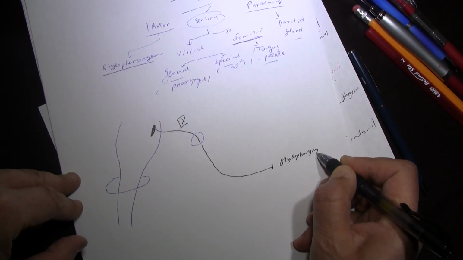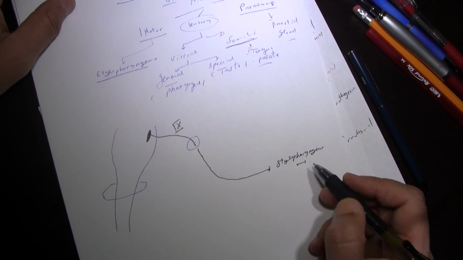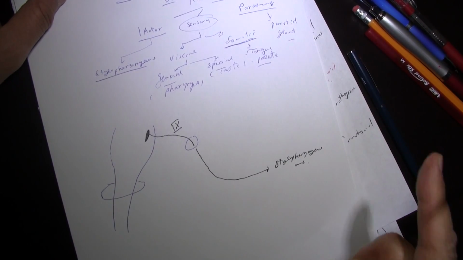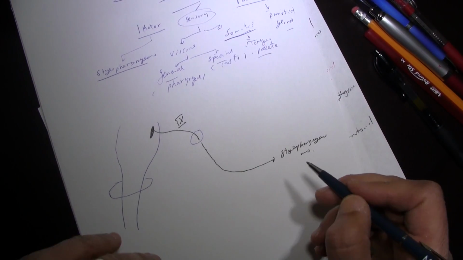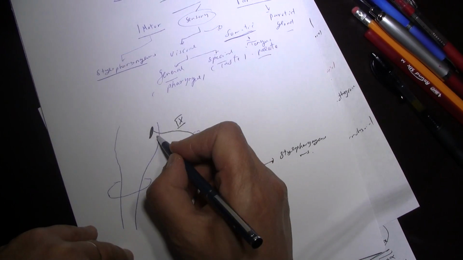The stylopharyngeus muscle, the only pharyngeal muscle supplied by the glossopharyngeal. The rest of the pharyngeal muscles are supplied by which nerve? Vagus, through the pharyngeal plexus.